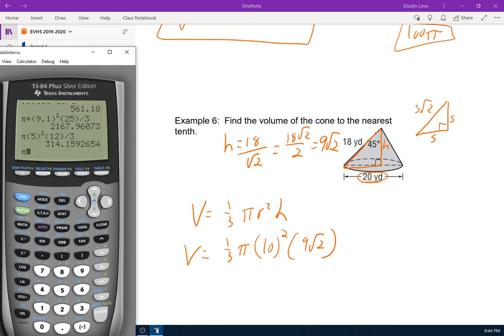Pi times 10 squared times 9 square root 2, arrowing over to make sure I'm outside the square root, divided by 3. 1,332.9 yards cubed.